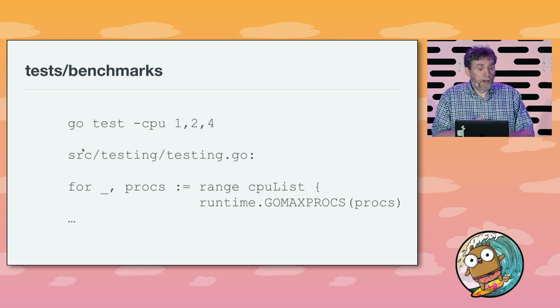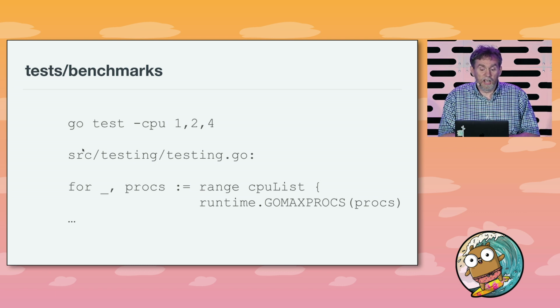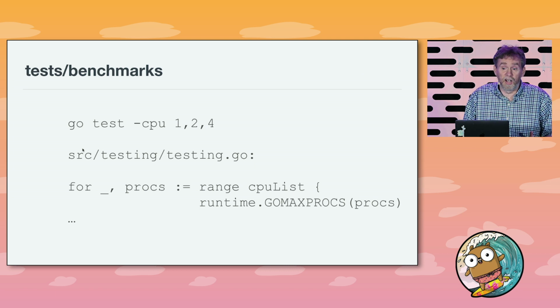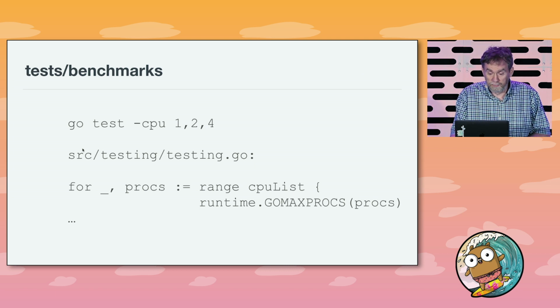And if you have a look in the testing library, conveniently enough, there it is, calling runtime.GOMAXPROCS. That's how it works. It seems quite useful.